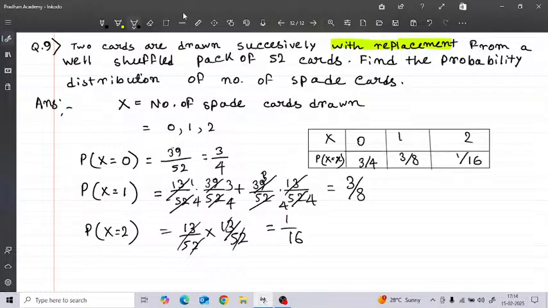So that's my probability distribution. Let's move to the next question.